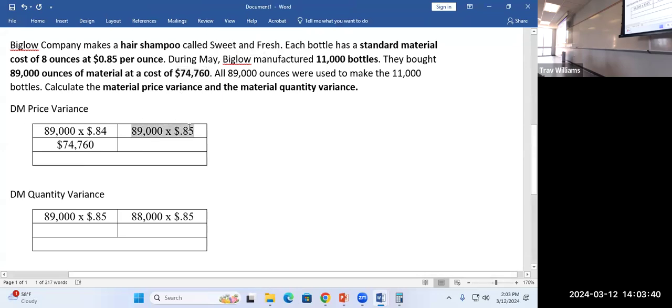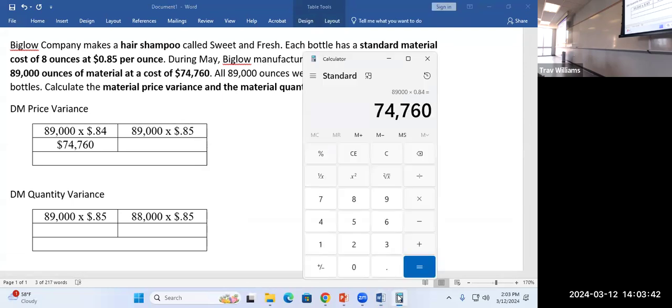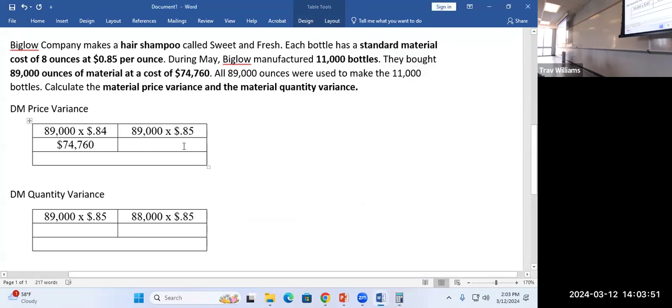And then the standard would be 75,650. For that level of production, based on our standard price, it would actually be a bit more, right? Because our standard price is 85 cents. We only paid 84 cents per ounce.